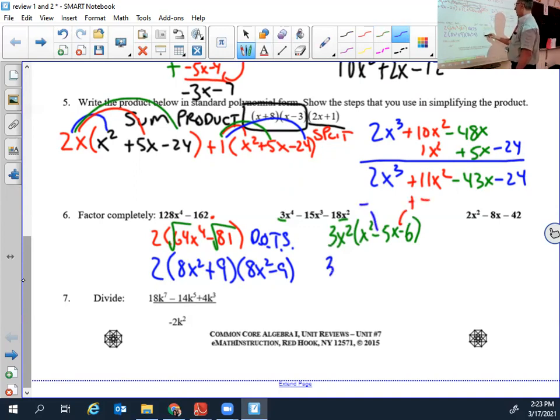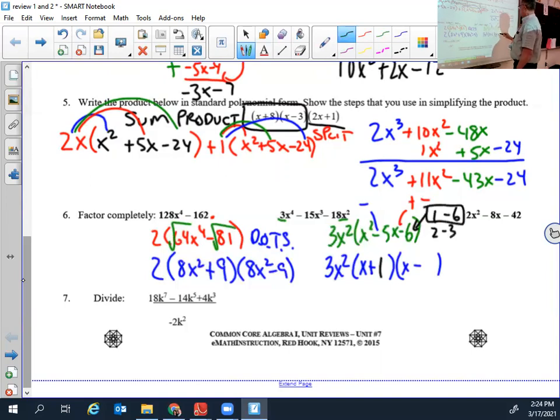So I have 3x squared, x plus, x minus, and we're looking for the factors of 6 that add up to -5. Bigger one being negative, so I have 1, -6, and 2, -3. And it's going to be the 1 and the -6.